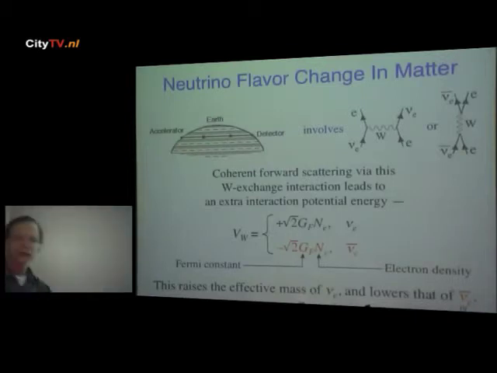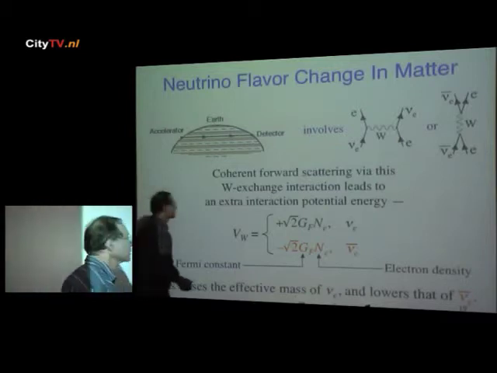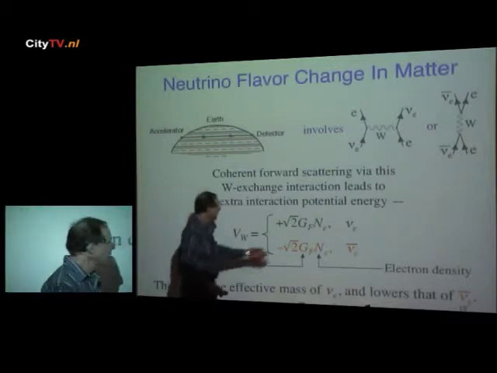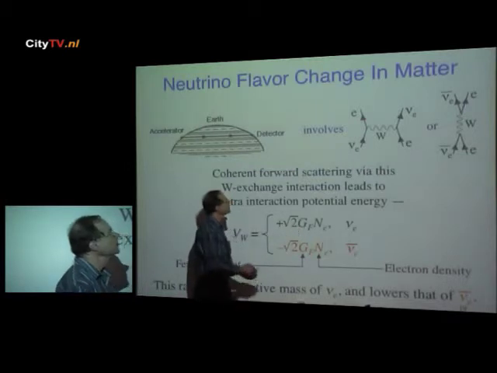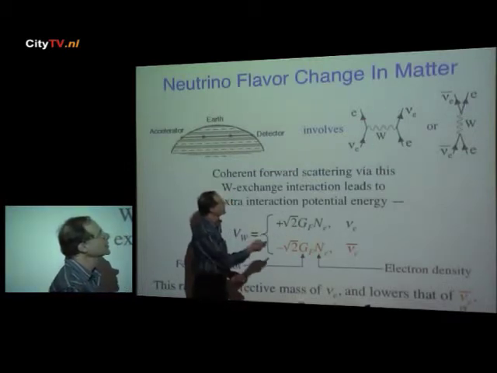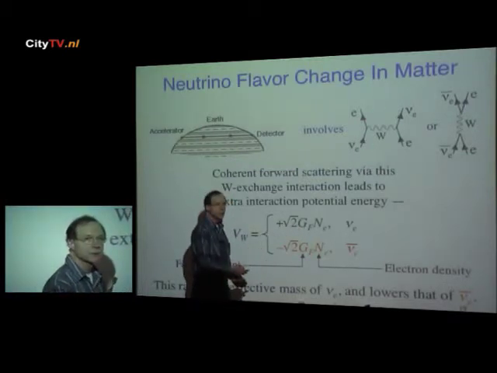However, it can affect it in a big way, because there's lots of electrons in the Earth, and the coherent, dead forward scattering via this or that diagram leads to an extra interaction potential energy on the part of nu E or of nu E bar as it travels through matter. And how big is this extra interaction potential energy? Well, it's going to be of order the Fermi constant, because that constant measures the size of either of these amplitudes.